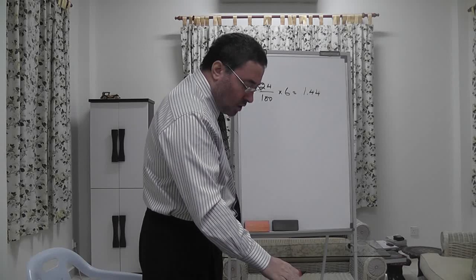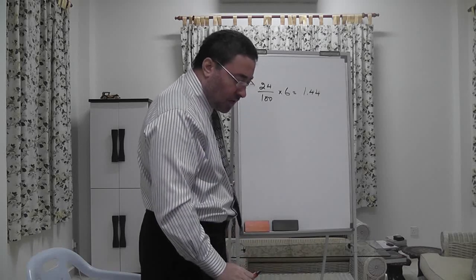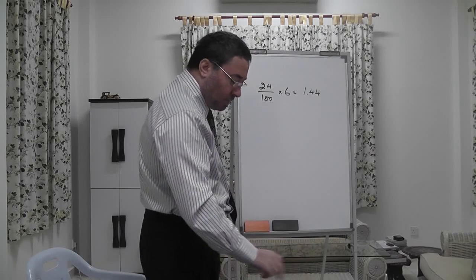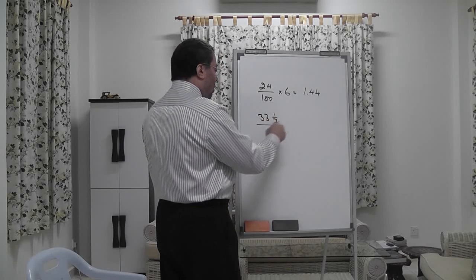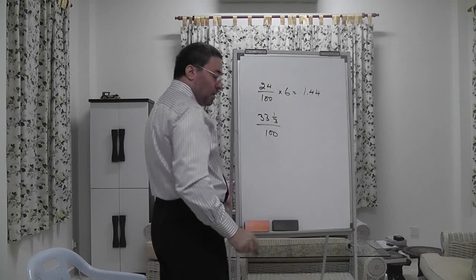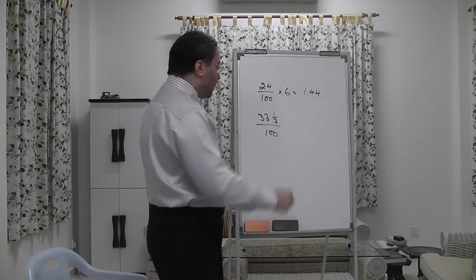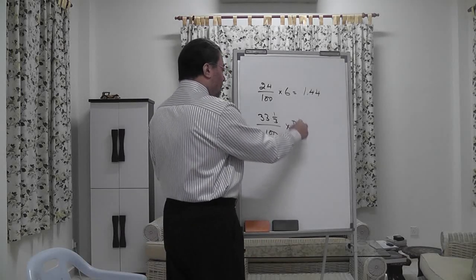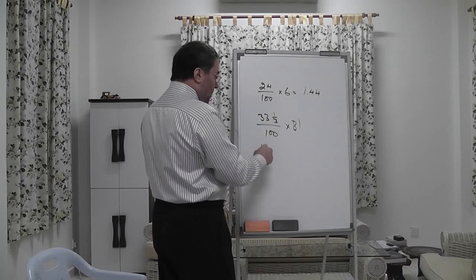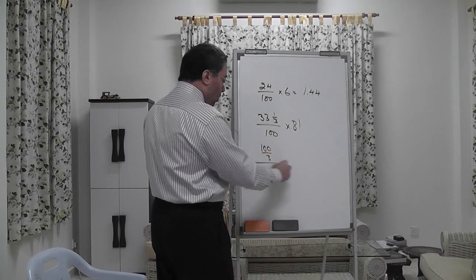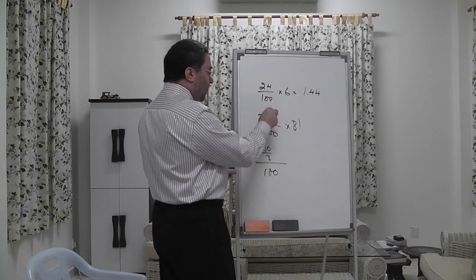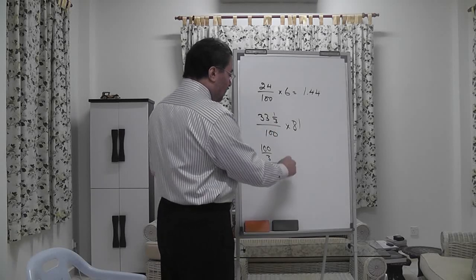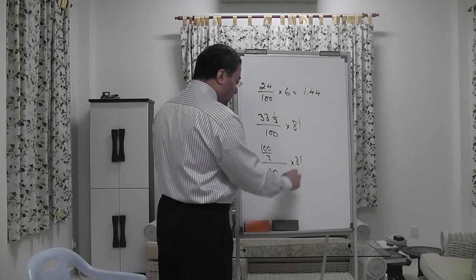Number 16, what is 33 1/3% of 81? Here we have 33 1/3 over 100, and we want to get this of 81, we multiply this by 81. We change this to 100 over 3 over 100. 33 times 3, that's 99, and 1, that's 100, times 81.